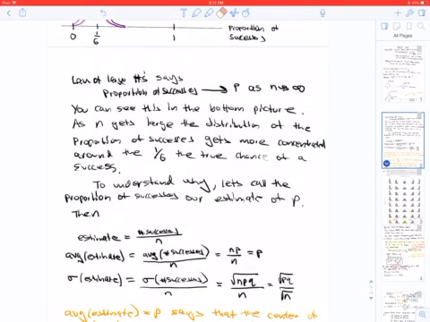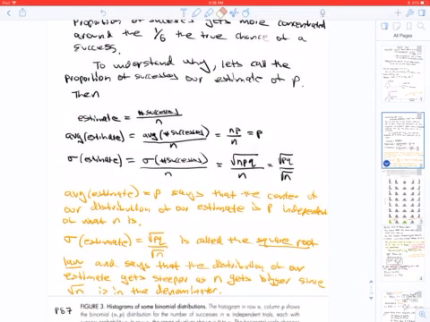So the law of large numbers says that the proportion of successes goes to p as n goes to infinity, where p is the probability of success. So why is that the case? Well, let's call the proportion of successes our estimate. So you may not know what p is, then you would estimate that by the proportion of successes.